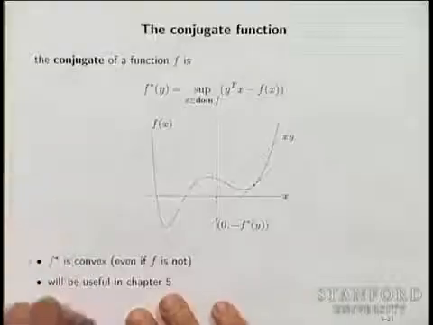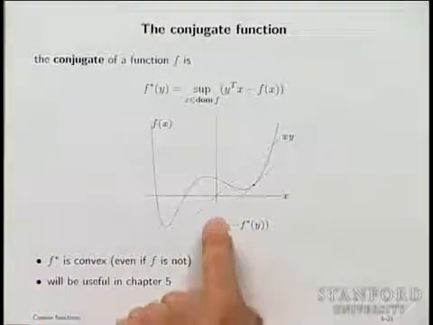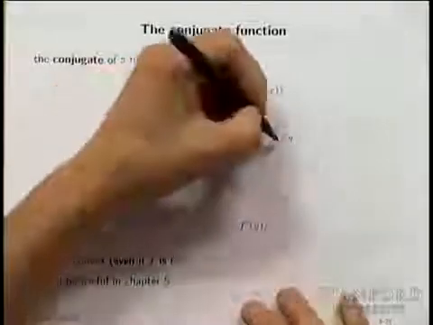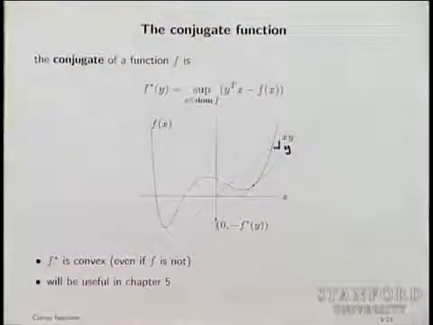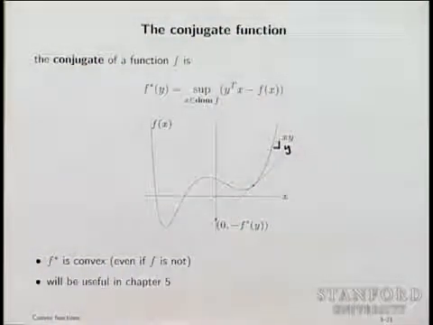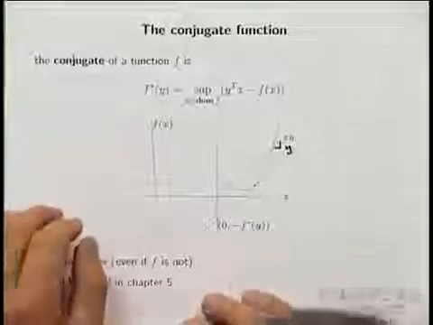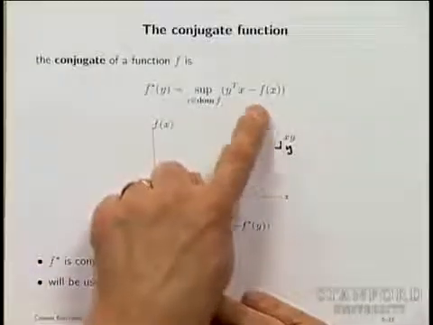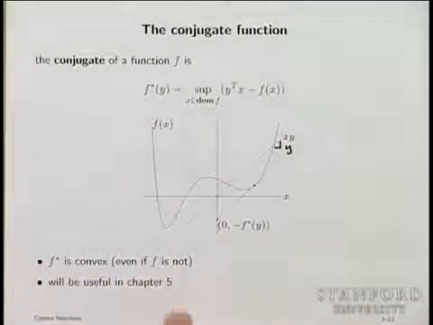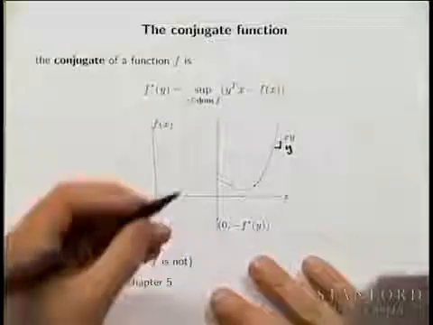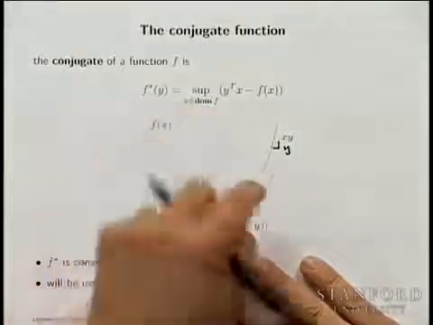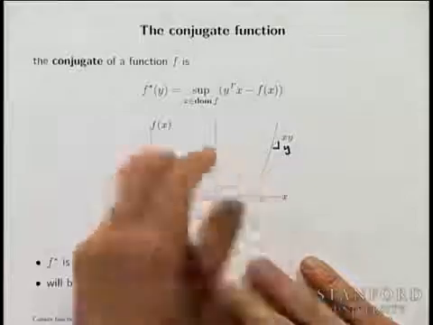We'll just do this in one variable. So I form a function where the slope is y. And then I want to maximize the deviation between these two functions. Well, one-sided deviation. I want to see how much smaller f gets than this line.